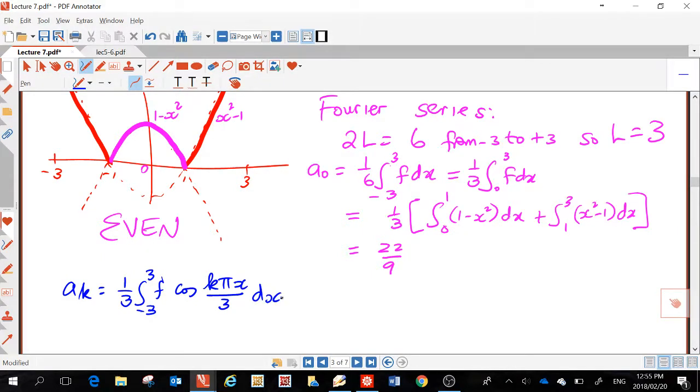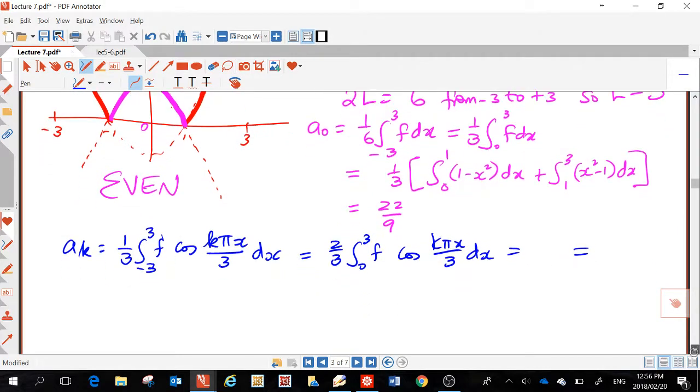And again, I'm not going to crank this out for you guys because it takes a bit of time. I mean, you can double this, 2/3 integral 0 to 3 of f cos k pi x over 3 dx. Carry on working this out. Integration by parts, by the way.